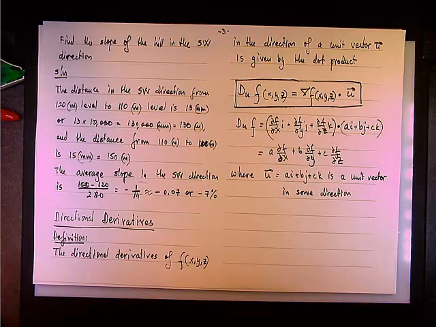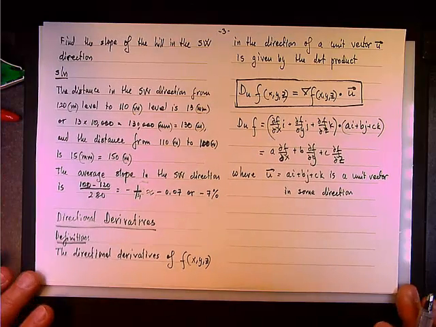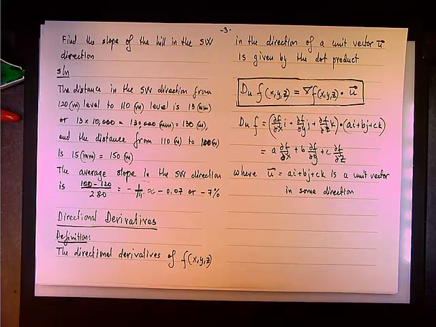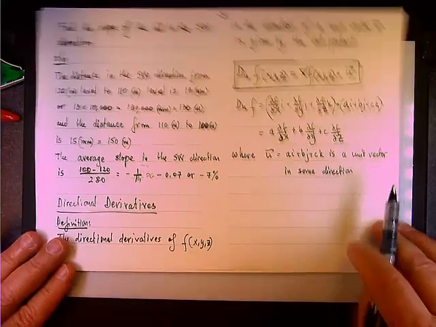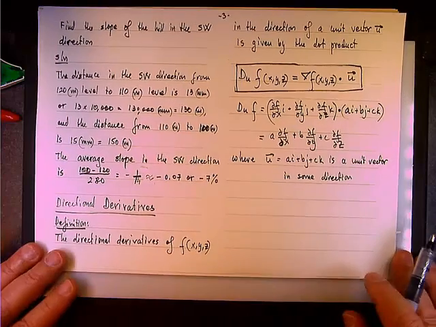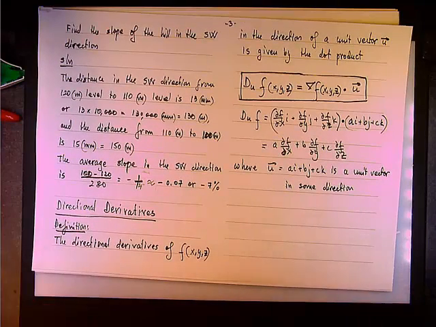All right, so I think we're good for an example. Yeah. It's like in the previous example, it said let's find the slope on this topographic map in the southwest direction. So we looked at a particular direction.